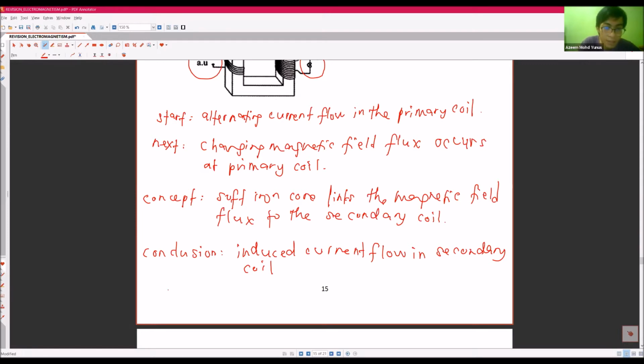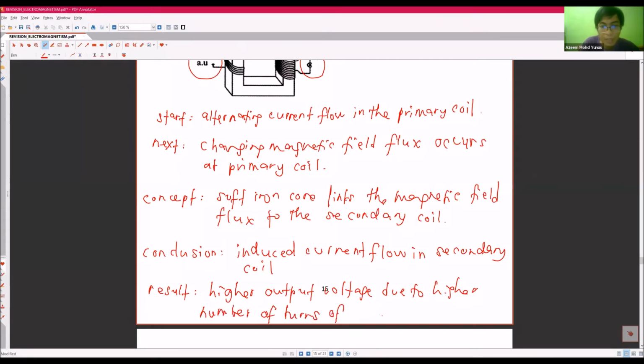So the result: higher output voltage due to higher number of turns of coil. This is what we call Faraday's law.